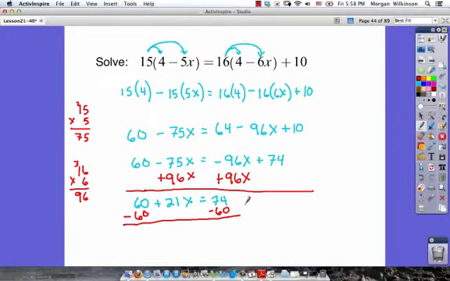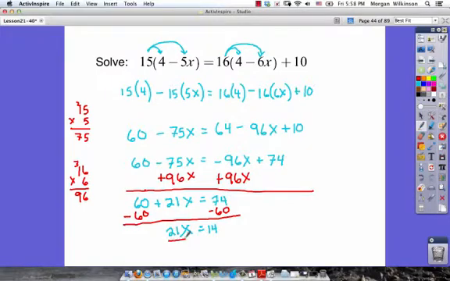We can go ahead and draw our line. We'll do the math. 21x comes straight down. 60 minus 60 is 0, so we don't have to write that. And it's all equal to 74 minus 60. That's 14. Now we've got to get x by itself, so we need to undo the multiplication of 21.